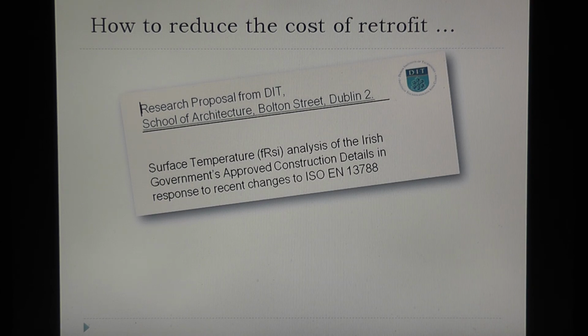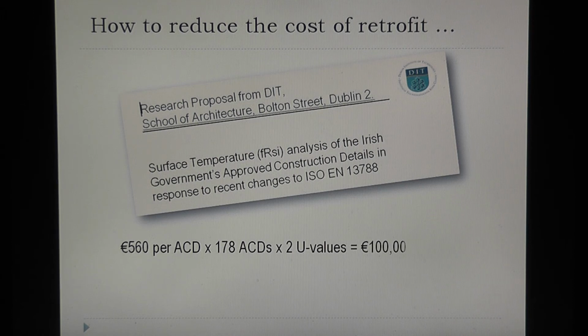Now, we need to really look at how we're going to reduce the cost of retrofitting buildings in Ireland. It's probably more cost effective if we actually take the ACDs and really look at them in detail. We do the modelling, we apply the correct surface temperature resistances, and we redesign the details so that they are suitable for use in accordance with both the backstop and the more common NZEB target U values of 0.15 or even better.